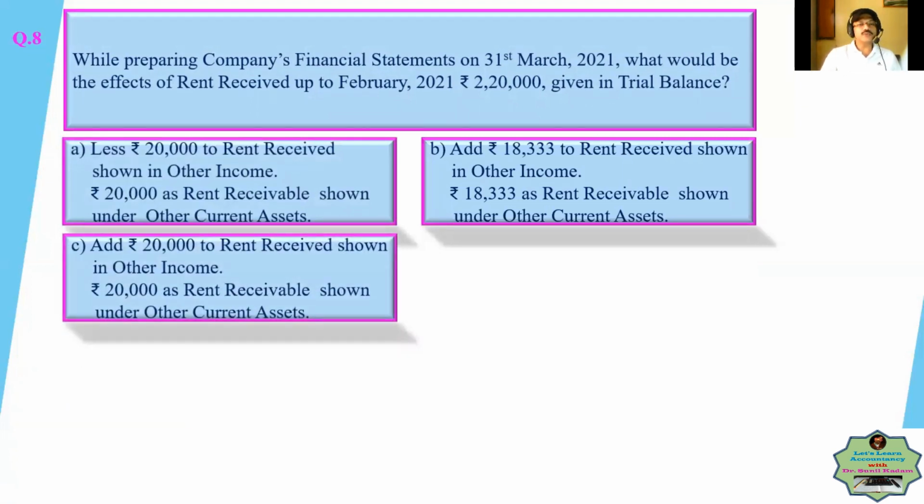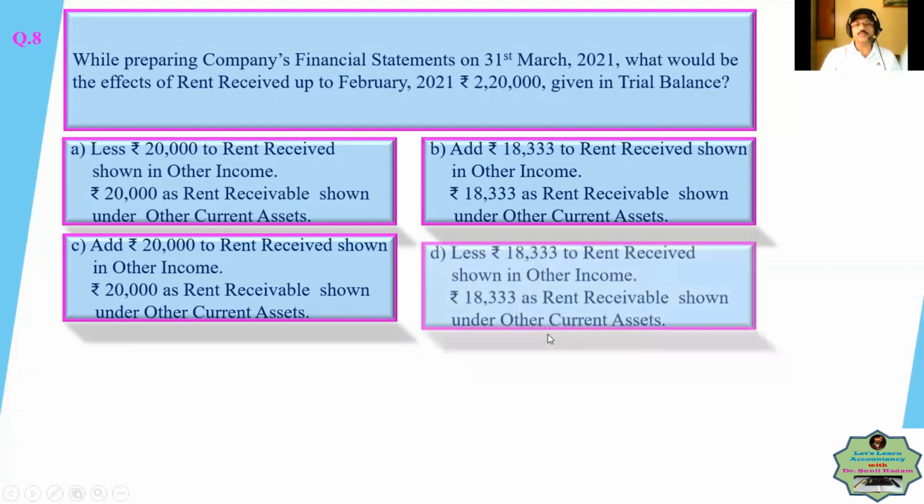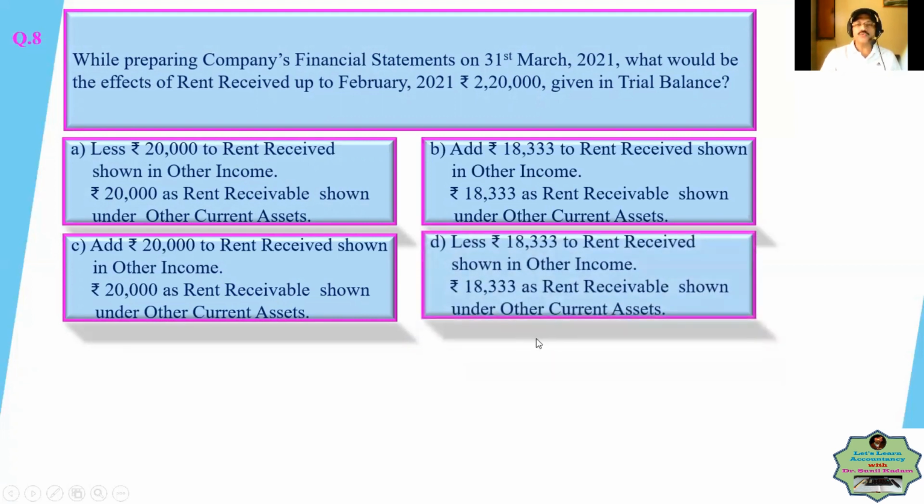Add 20,000 to the rent received shown under other income, and rupees 20,000 shown as a rent receivable under current assets. And the fourth option is less 18,333 to rent received shown in other income, and rupees 18,333 as a rent receivable shown under current assets.